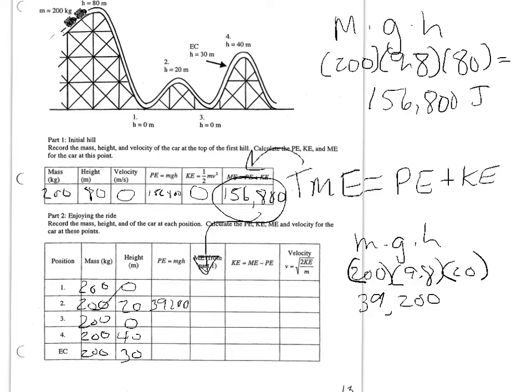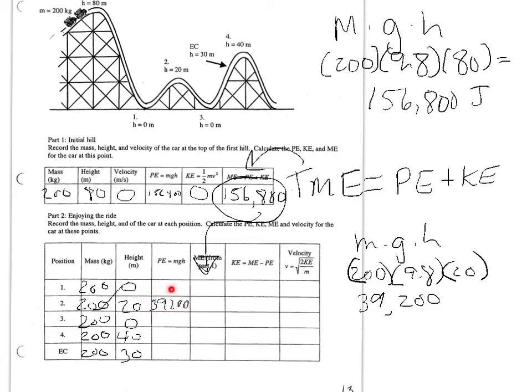The 156,800 goes in all the way down that row. Now to find the kinetic energy, we're still working on position 2, just as an example. You're going to go ahead and take that total energy, which is this number right here, and subtract your potential energy. Because like we said before, your total energy is potential plus kinetic.